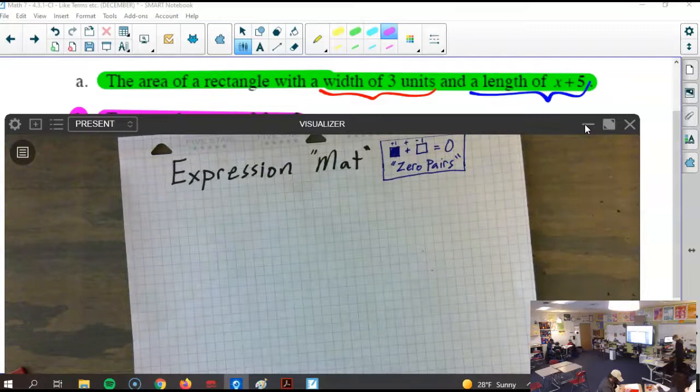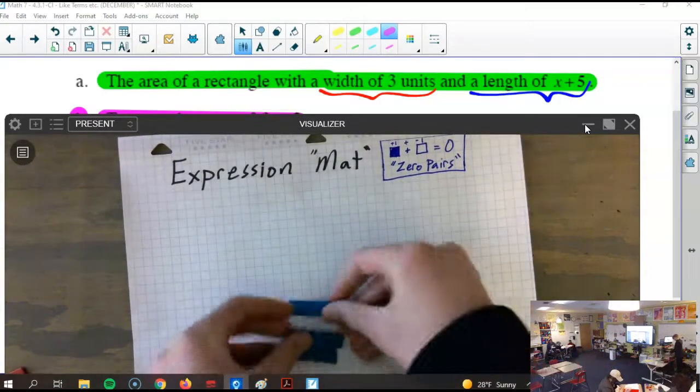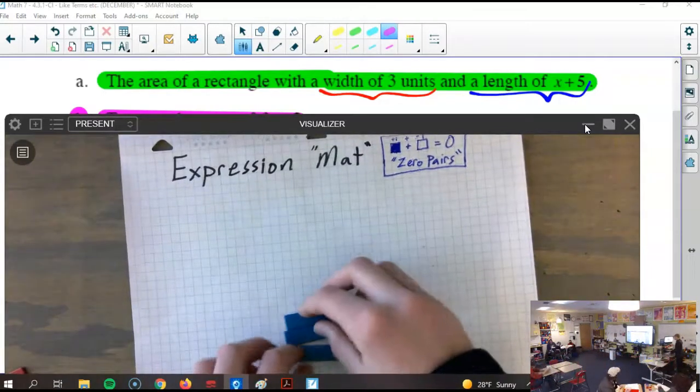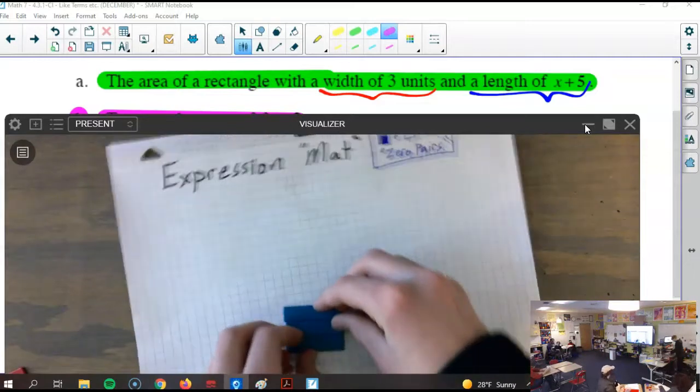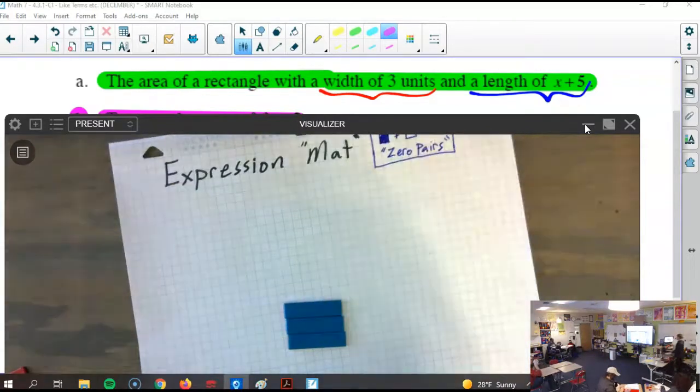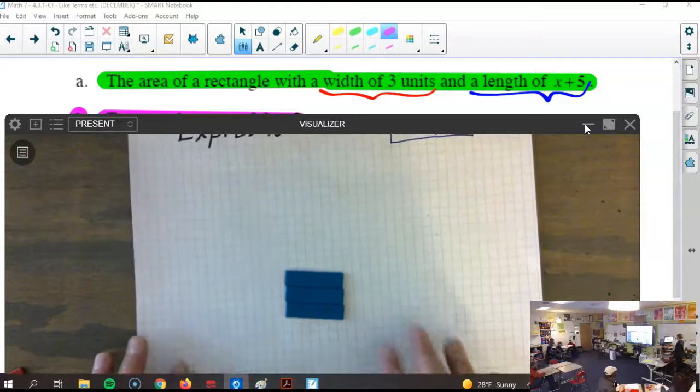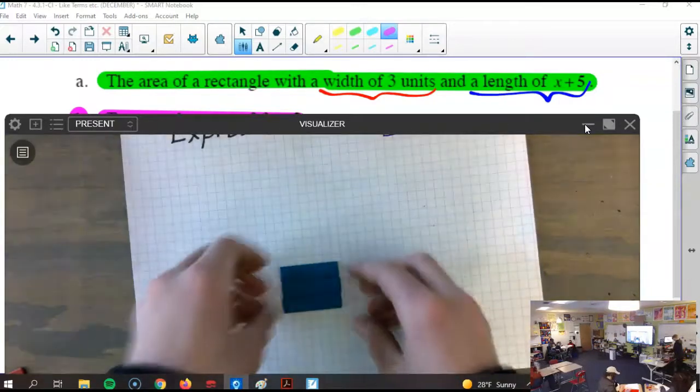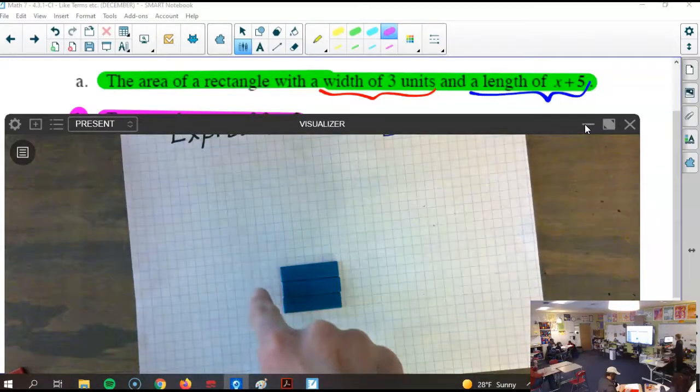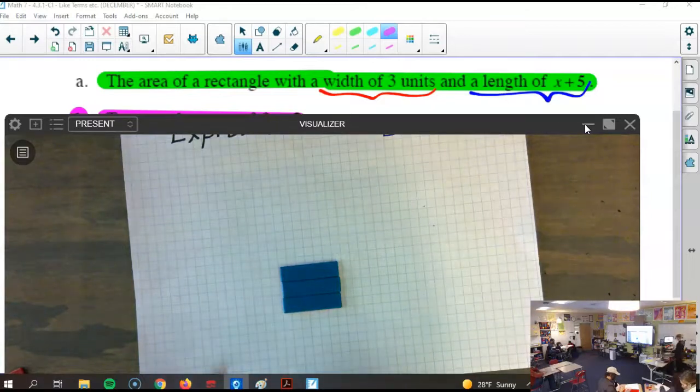Okay. Listen. So since it's the area of a rectangle, we're doing the width and the length. If you take these 3 x's, right here is a length of 3 units.